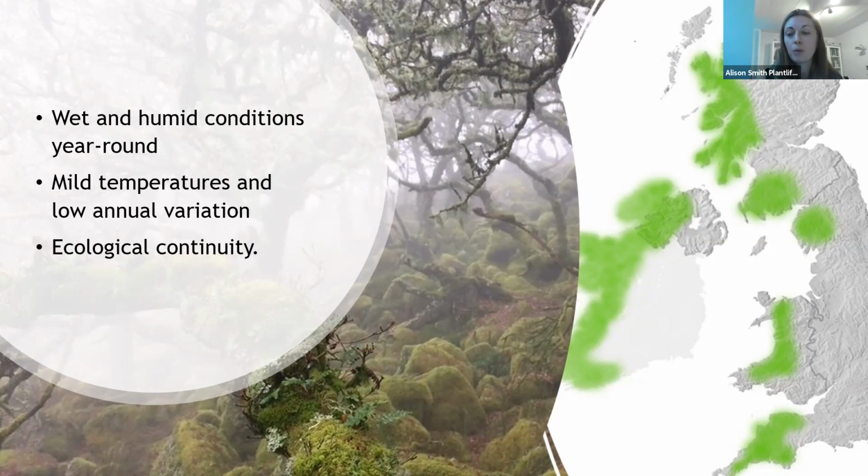So down here in the southwest, on some of the southeastern parts of Devon, for example, where the areas are more low-lying, the conditions are a little bit drier, and we don't find the temperate rainforest there. So you need really those very specific climatic conditions, as well as that ecological continuity, woodland that has existed for a long period of time and where the conditions have been relatively stable for temperate rainforest to thrive, and for the lichens and bryophytes that live there to thrive as well.